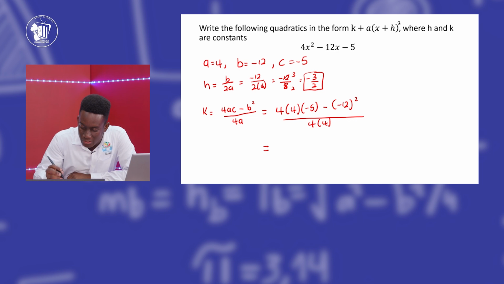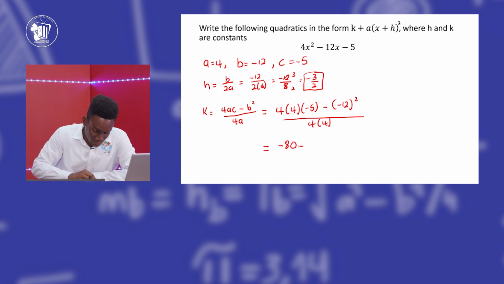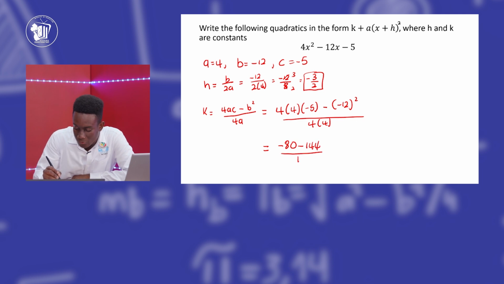So 4 times 4 is 16, 16 times negative 5 would give us negative 80. Subtract negative 12 squared, which would be 144, all divided by 4 times 4, which is 16.